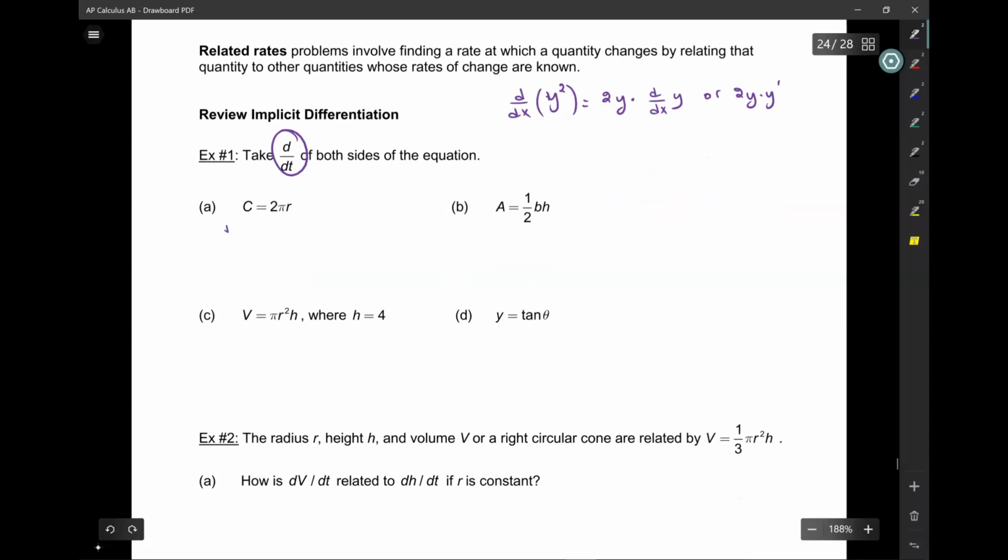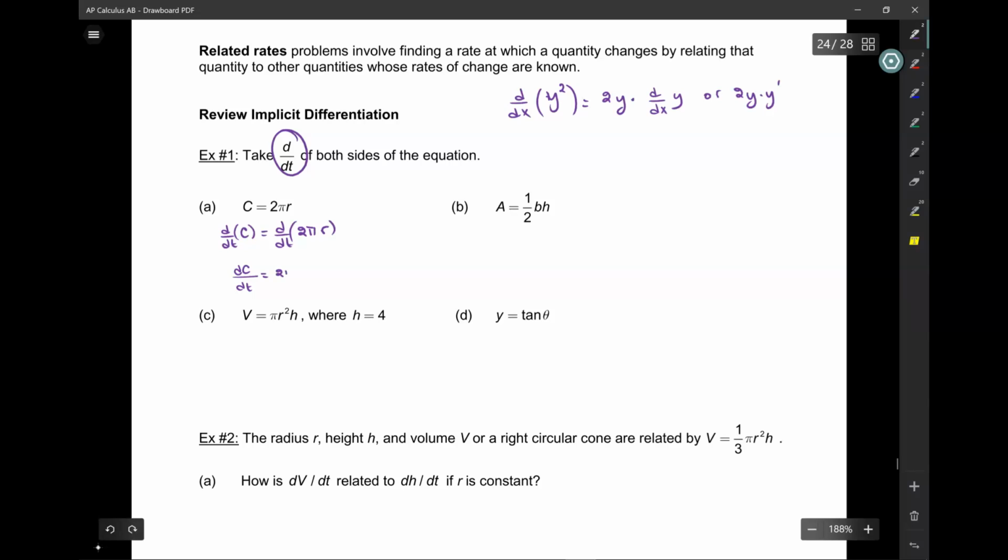So the first case, it's going to be d/dt of C equal to d/dt of 2 pi r. d/dt of C, I can just rewrite that as dC/dt, is equal to, now I have 2 pi r. r is a variable, 2 pi are constants.